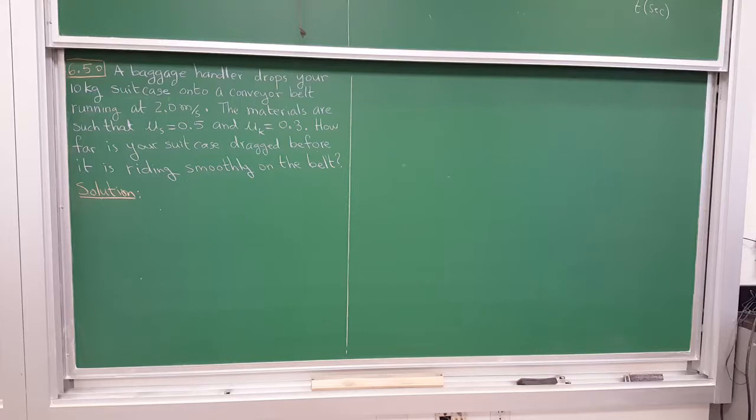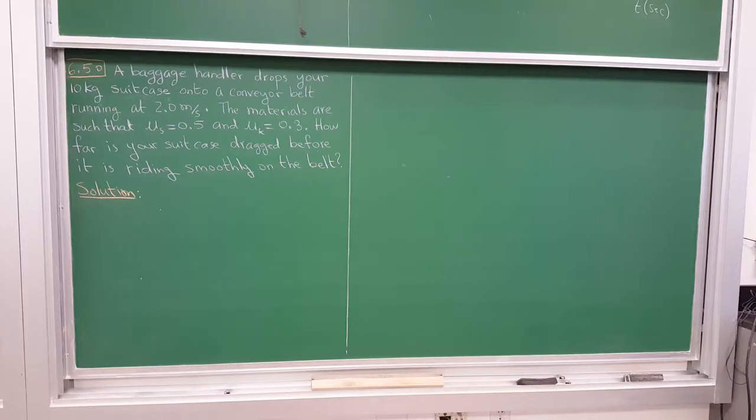So the conveyor belt is running, and then the person drops your luggage, your 10-kilogram suitcase, and then it says the materials are such that mu s, the coefficient of static friction between the bag and the conveyor belt, is 0.5, and the coefficient of kinetic friction is 0.3. And then it says, how far is your suitcase dragged before it is riding smoothly on the belt?